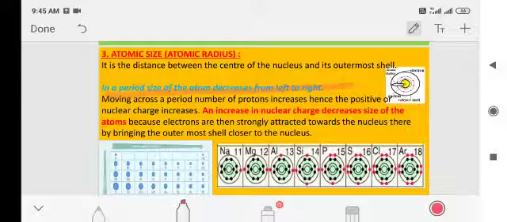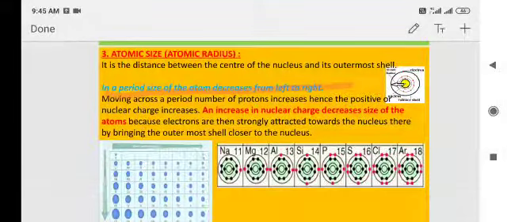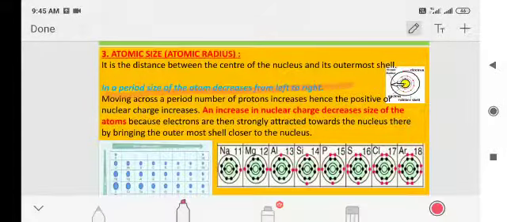Now we have to discuss in detail how the atomic size decreases, and the reason you should know very clearly, so you need to focus on this video. Just look at this left side. I've placed a diagram here. While you move across a period, the picture will clearly tell you atomic size gradually decreases. Keep this diagram in your mind.